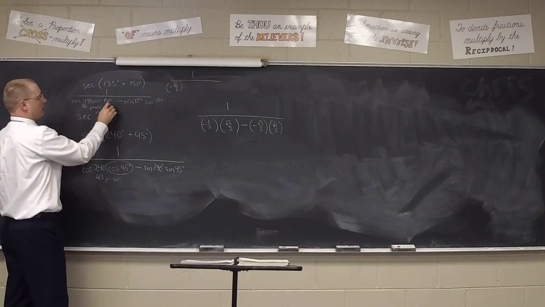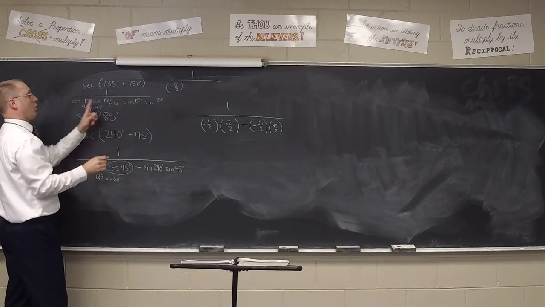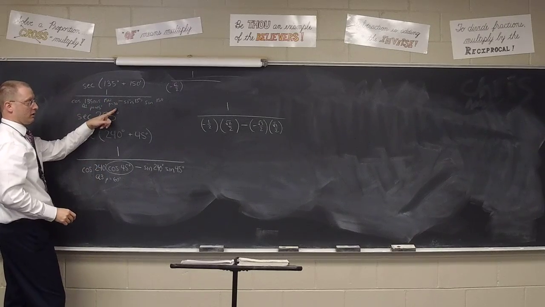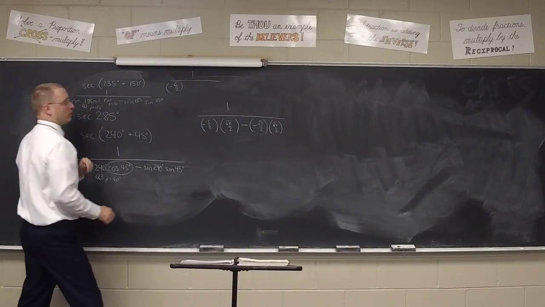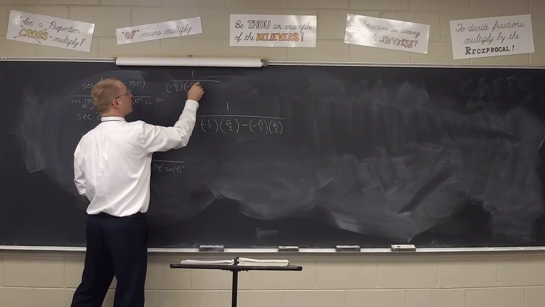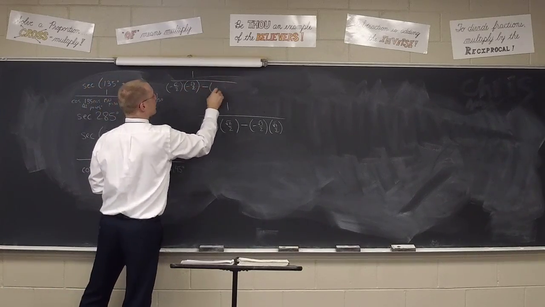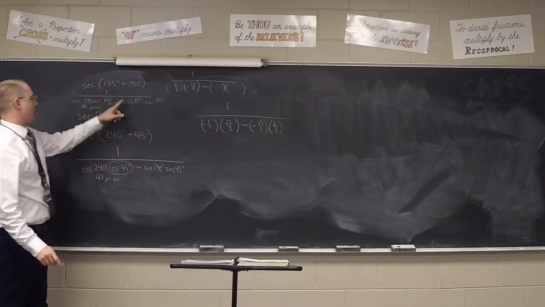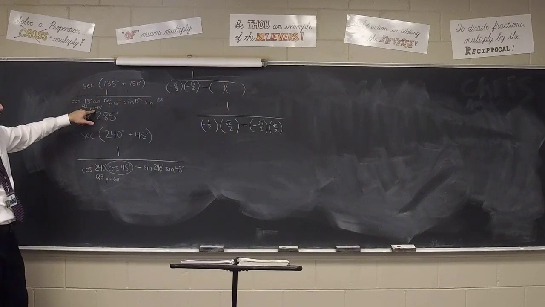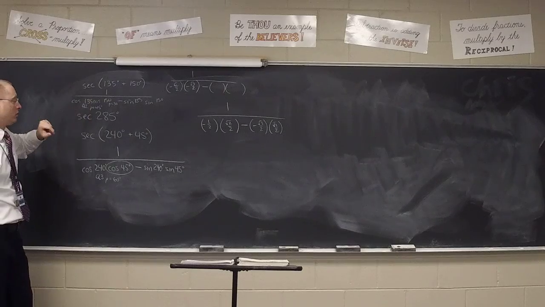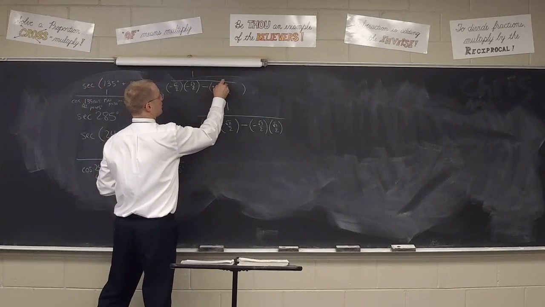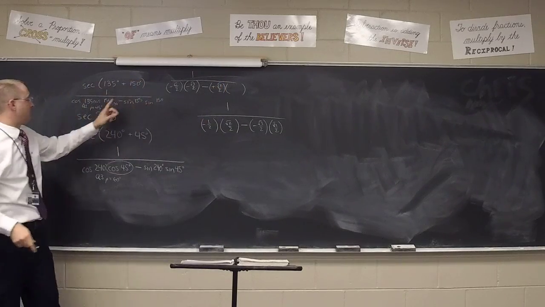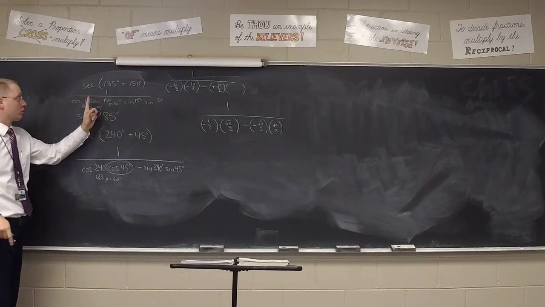And then cosine, here the reference angle's 30, still quadrant 2, cosine of 30, square root 3 over 2, but in quadrant 2. Sine of 45, quadrant 2. And sine of 30, quadrant 2.